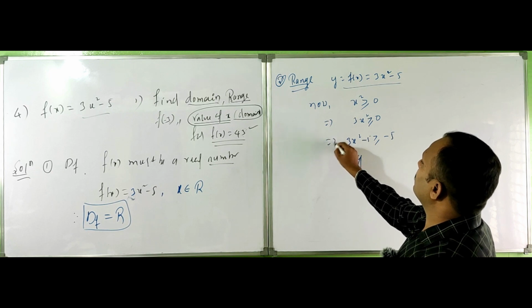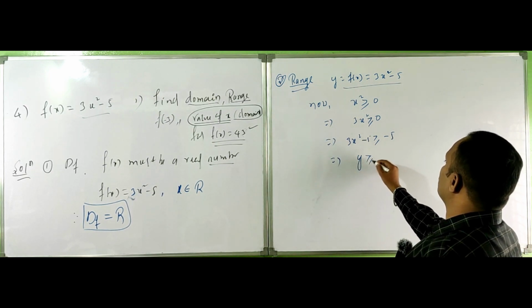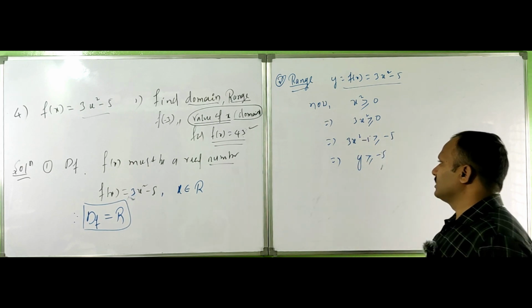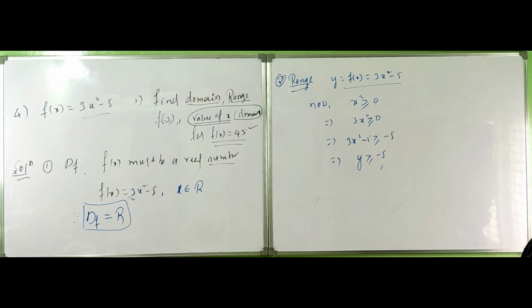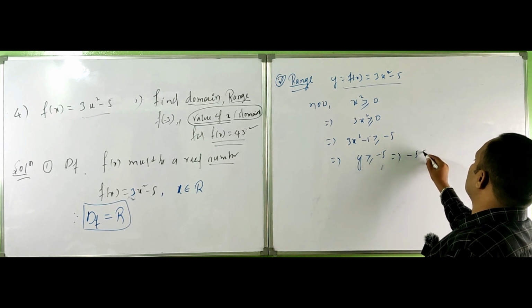This implies y is greater than or equal to minus 5. That means minus 5 is less than or equal to y.